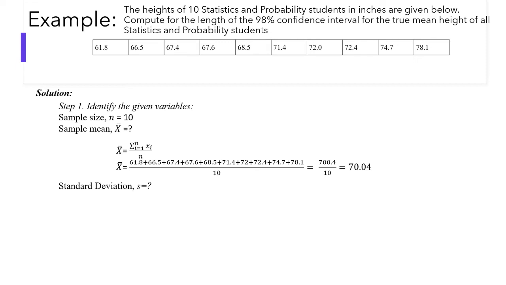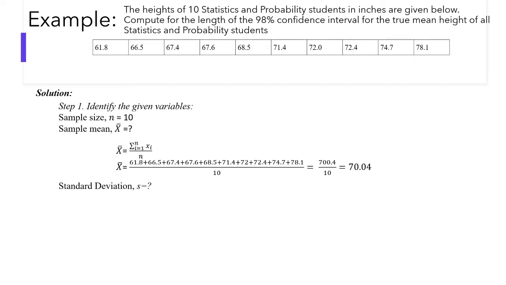We will add all our data: 61.8 plus 66.5 plus 67.4 plus 67.6 plus 68.5 plus 71.4 plus 72 plus 72.4 plus 74.7 plus 78.1 divided by 10. That is equal to 700.4 divided by 10, which is equal to 70.04.